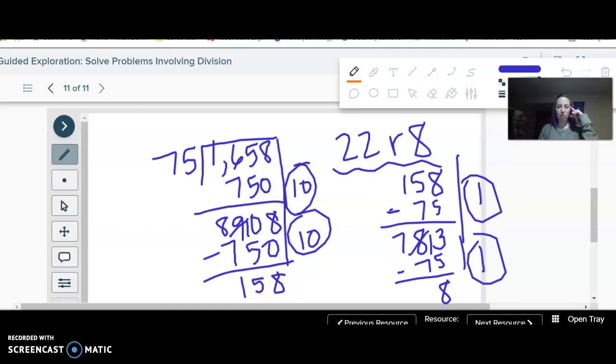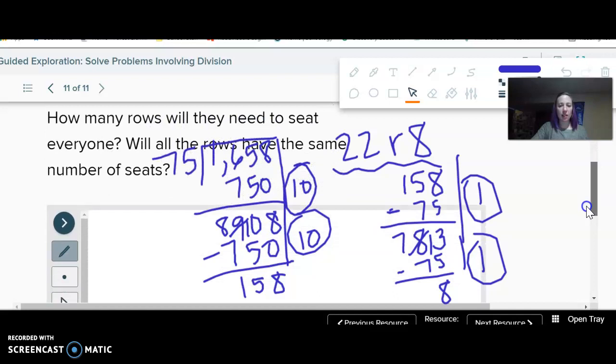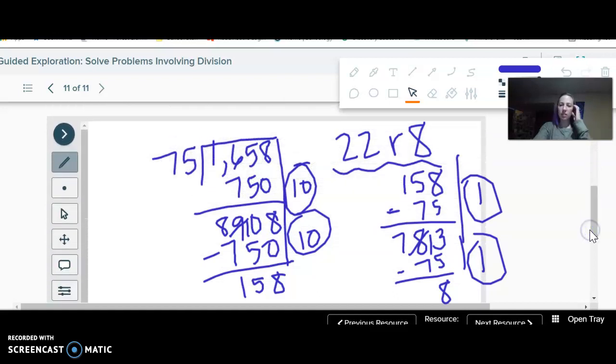So let's think back to the question they asked us. Let's look back at it. How many rows will they need to seat everybody? Well, they'll need 22 rows, and then they'll have 8 people left over, right? Because I was taking this many people and splitting them into groups. So those 8 people need somewhere to sit, so I'll need another row.